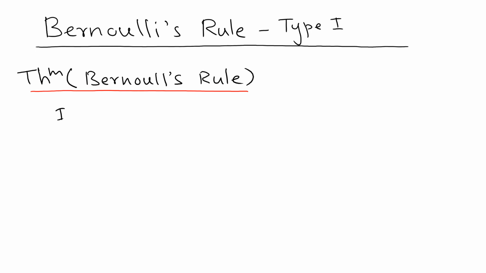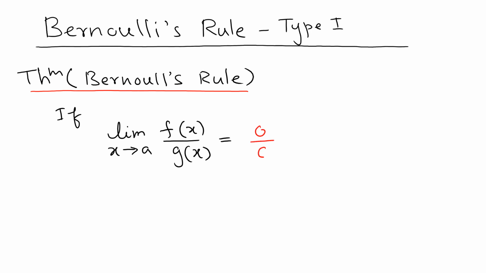Suppose we have two functions. If the limit, when x goes to a, of f(x) over g(x) is either 0 over 0 or infinity over infinity, so it approaches one of those cases, then this limit can actually be found using derivatives.